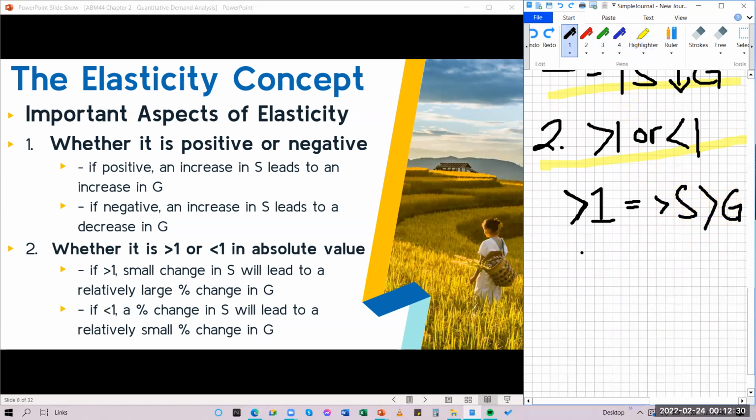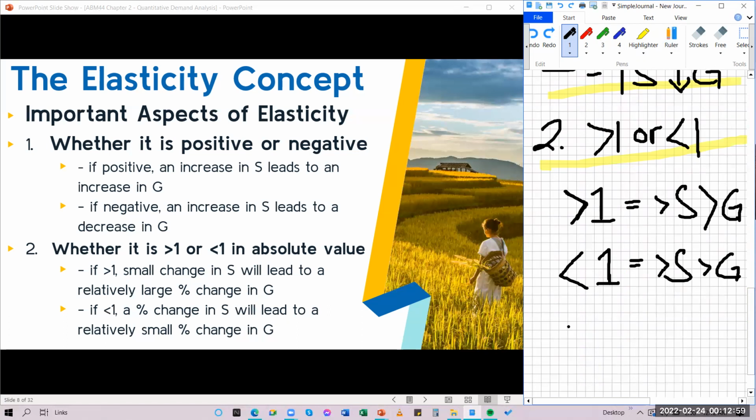So how about if the result is less than 1? If it is less than 1, that means a small percent change in your studying will lead to only a small change in your grades. So that is for whether it is greater than 1 or less than 1.